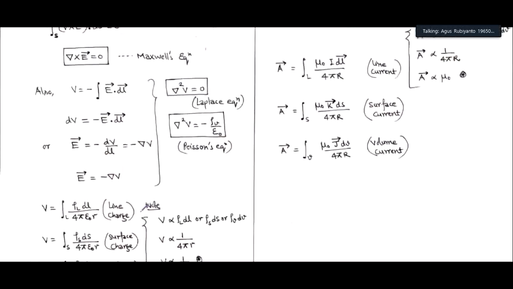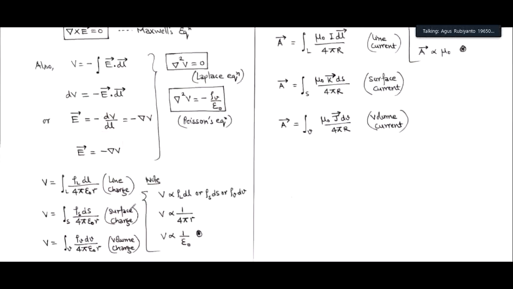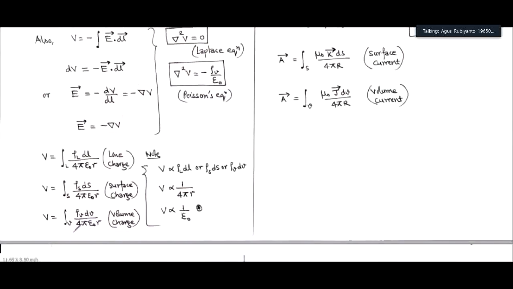Also in terms of charge distribution, the potential for line charge is line integration rho L dl upon 4 pi epsilon naught R. In case of surface charge, the potential is surface integration rho S ds upon 4 pi epsilon naught R. And in case of volume charge, the potential is volume integration rho V dV upon 4 pi epsilon naught R.